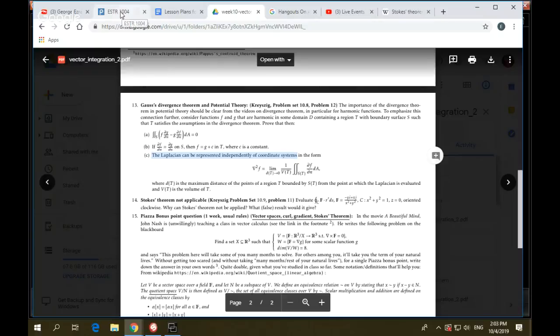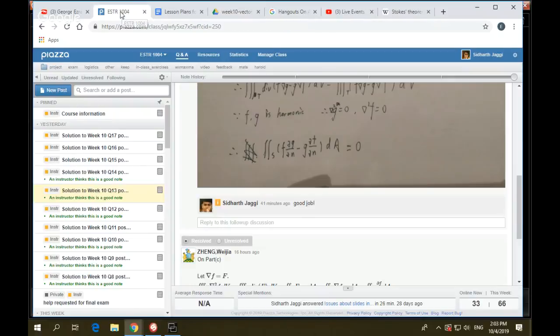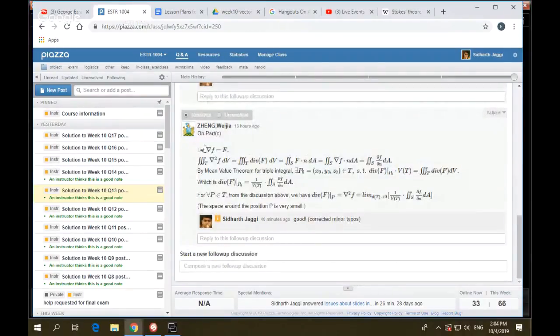All right, so now let's look at the proof. There's a nice clean proof that William gave us. So he basically said that we have that this vector function F is the gradient of a scalar function small f. So now let's start with the triple integral over T of nabla square f dV.